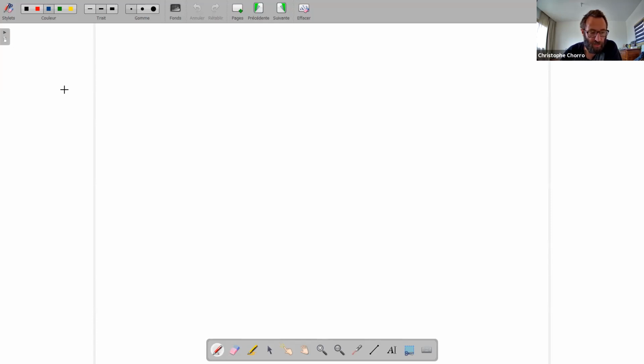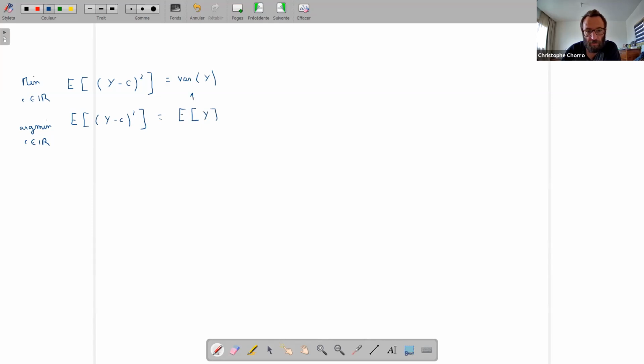In the list 4 of exercises, we have seen together that if I want to minimize this quantity, the minimum of this quantity is the variance of y, and the point at which the minimum is reached, the argmin, is the expectation, and that's why I obtain the variance this way.